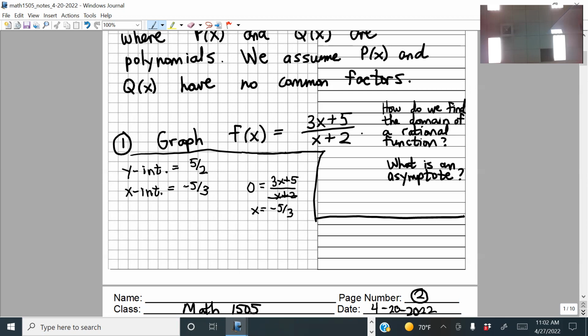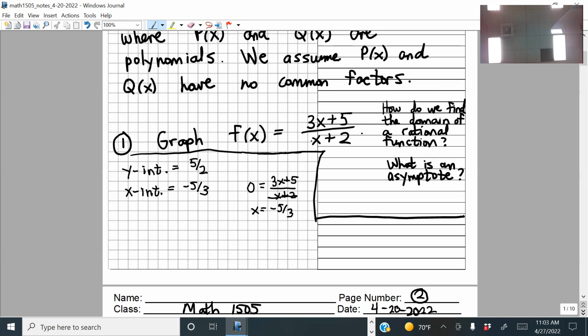Now, there's one other catch with rational functions that you don't have a problem with for polynomials. Remember, for polynomials, the domain is all real numbers. So polynomials have very easy domains.